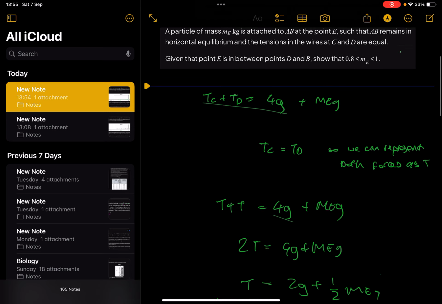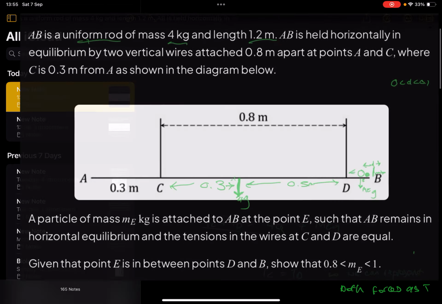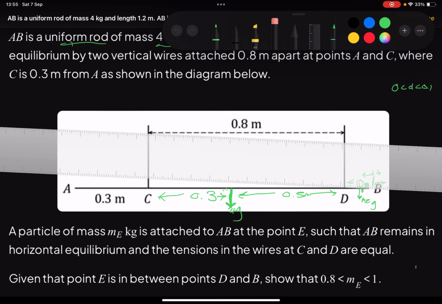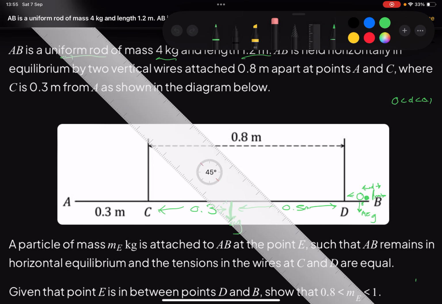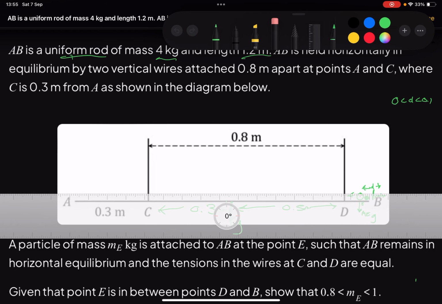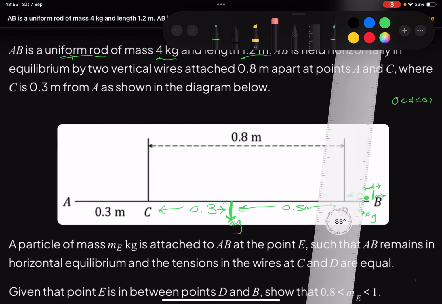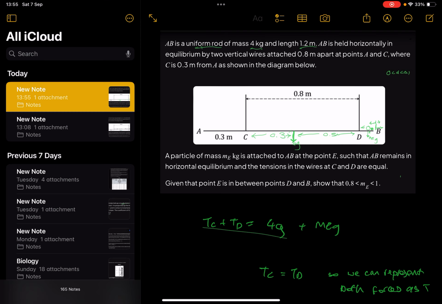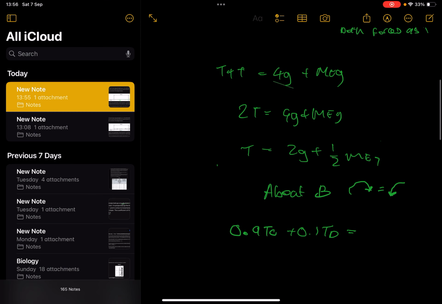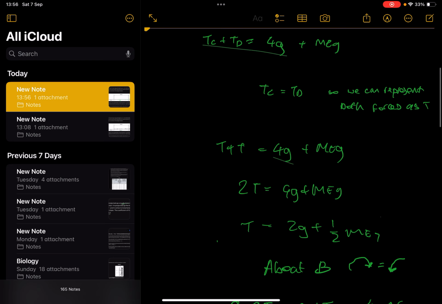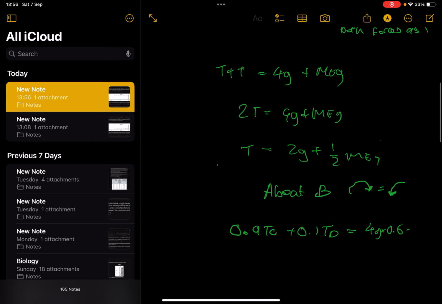Which would be equal to the anti-clockwise on the right hand side, so 4g times 0.6 plus mg times d.